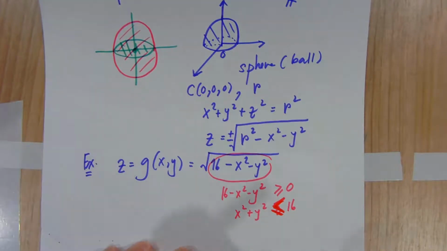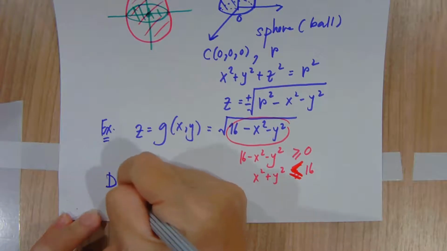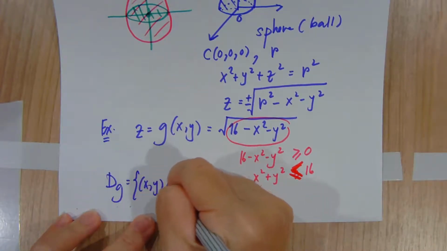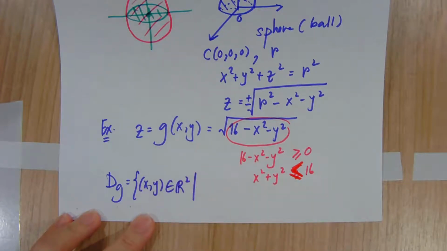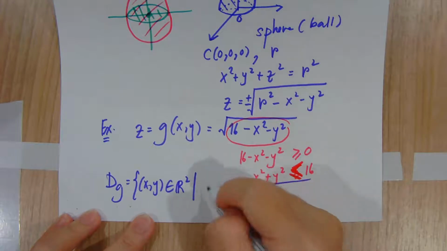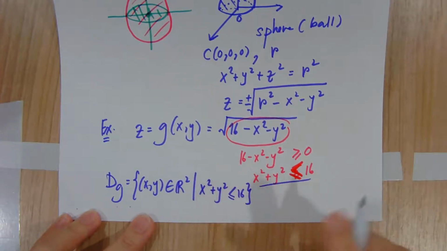Then we can answer that the domain of the function g is any point xy in R squared which satisfies this condition: x squared plus y squared is less than or equal to 16.